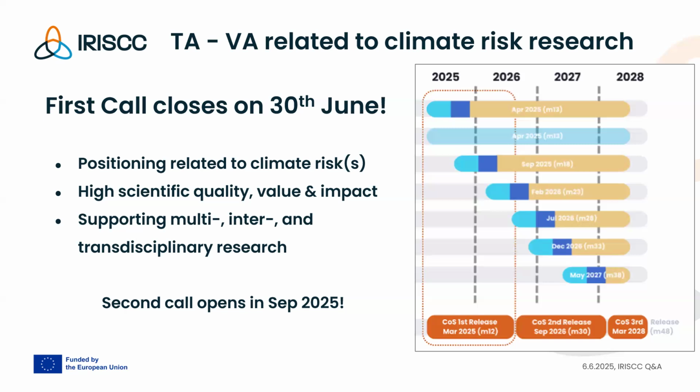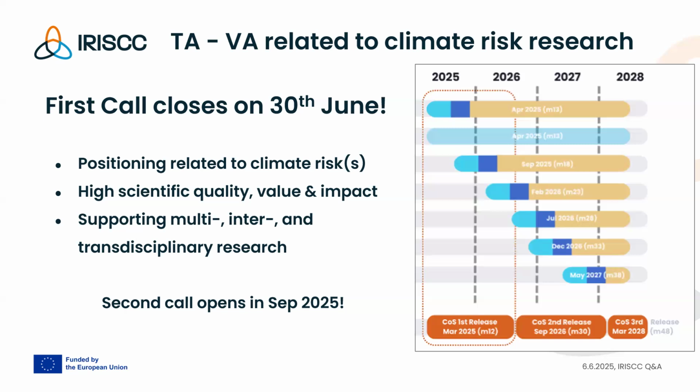But what they have to do is that in the proposal, they have to address one of the determinants of the climate change induced risks tackled by the project. They need to prepare a proposal which should be of high scientific quality, value, and impact.